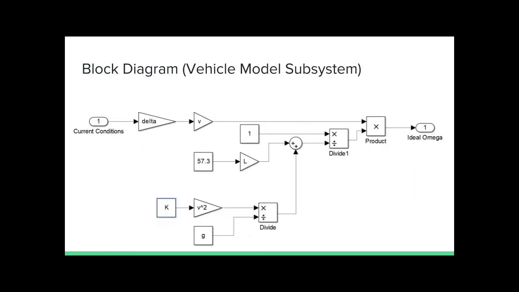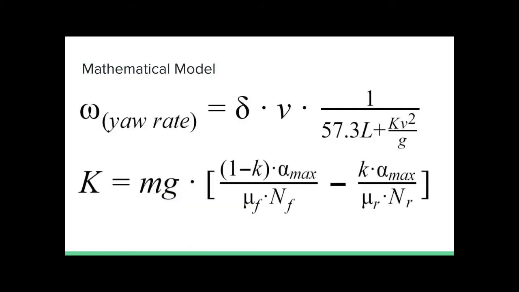Here we have the block diagram of our vehicle model subsystem, where we go into more depth about what our feedback system looks like. The understeer gradient, or K, is equal to mg times 1 minus the rear weight bias of the car times the maximum slip angle of the tire over mu front times normal force front.